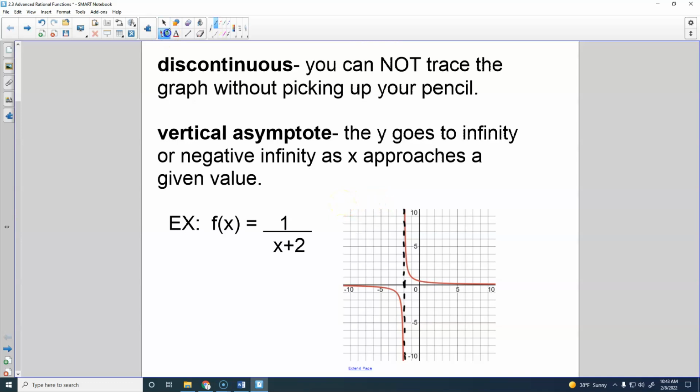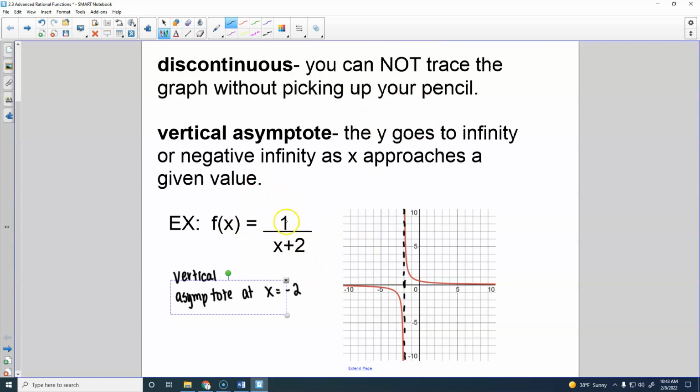So we would say here that we have a vertical asymptote at x equals -2. Now, I don't always have a graph there. So sometimes I might ask you this question when all you have is the equation.